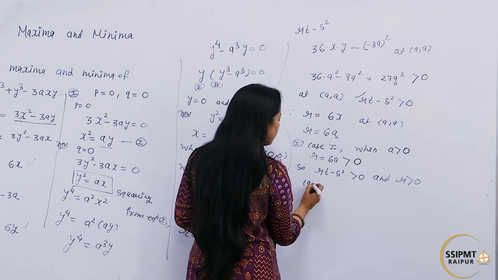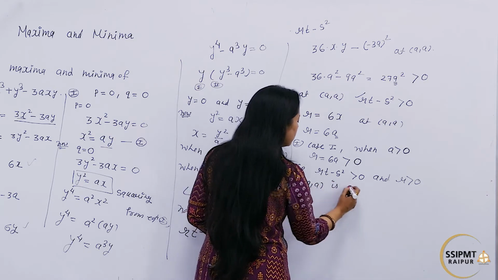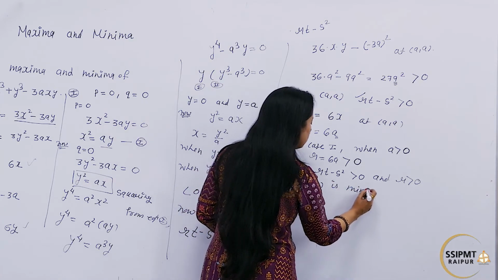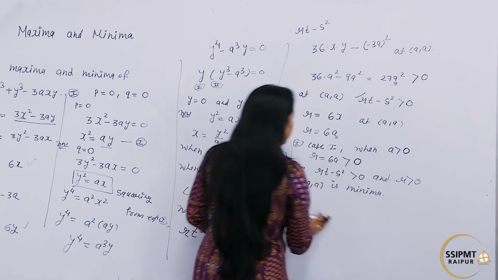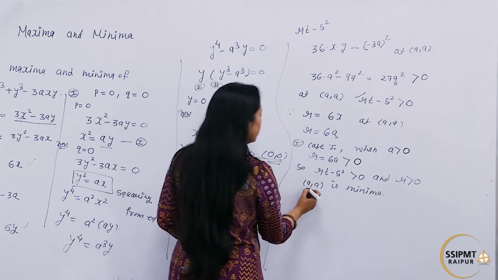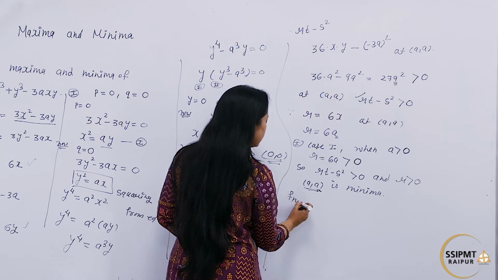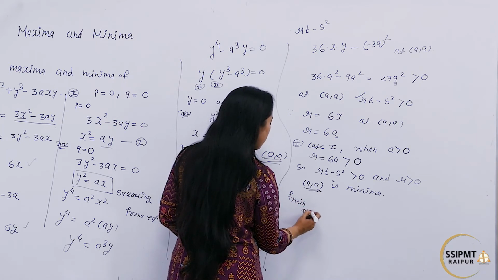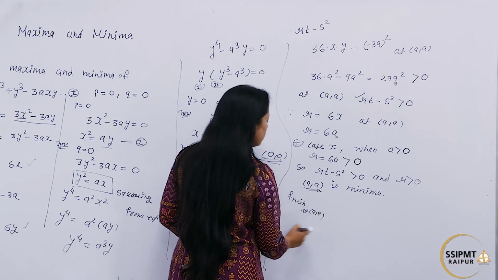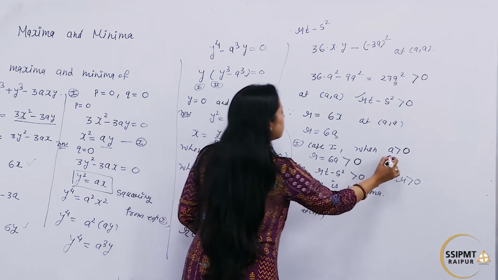So (a, a) is a minima, and the function has a minimum value at this point. So we can calculate f minimum at (a, a), where a is greater than 0.